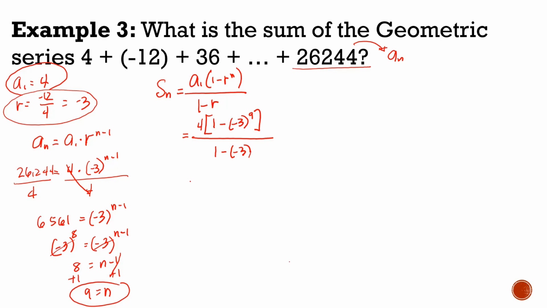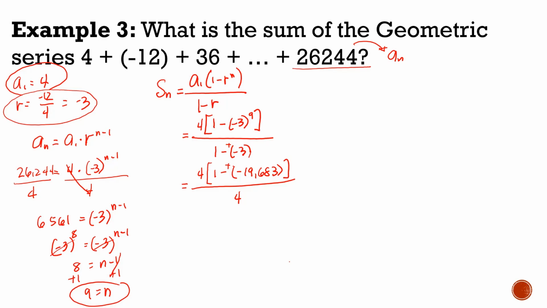Okay. And this is equal to 4 times 1 minus, what's negative 3 raised to 9? It's negative 19,683, over, this is plus, that's 4.